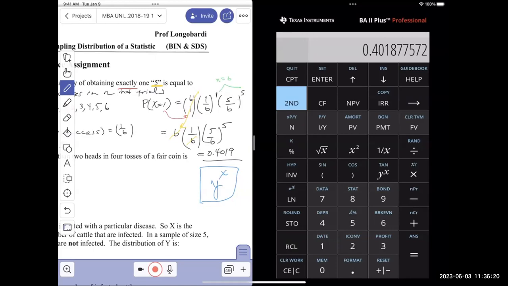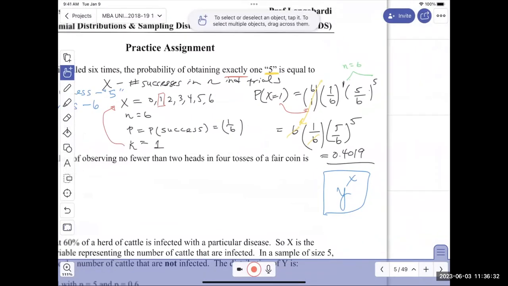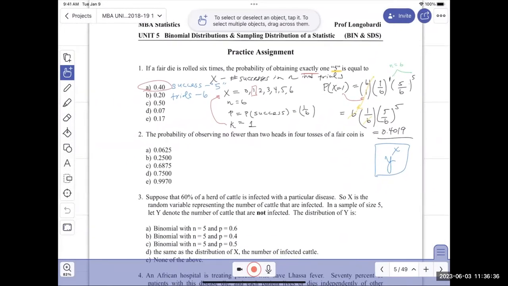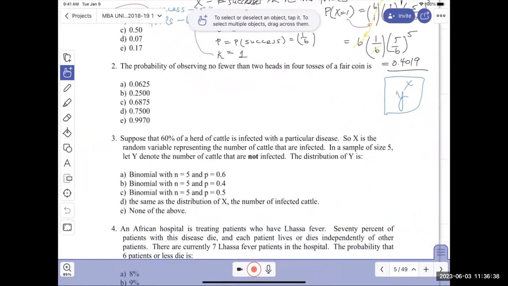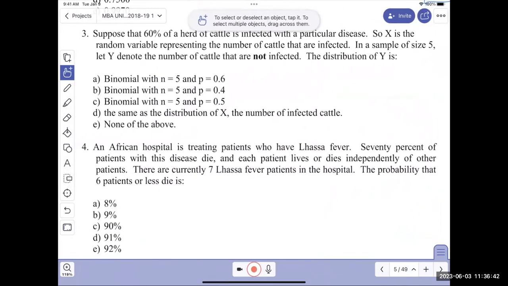It's going to depend a lot on your knowledge of everything, but mostly of normal distribution. Okay, so all right, let's not do number 2 because we already know that one and we're tired of that one, right? Let's do 3 and 4.